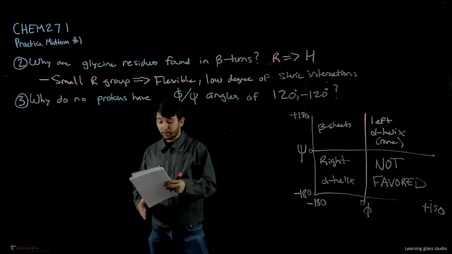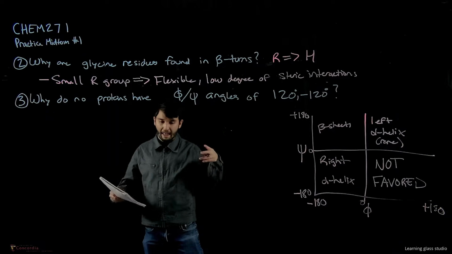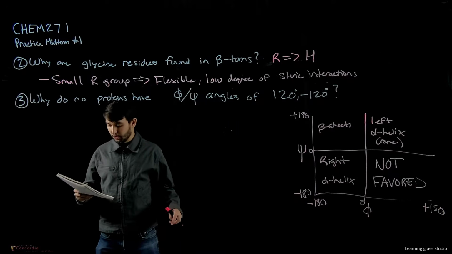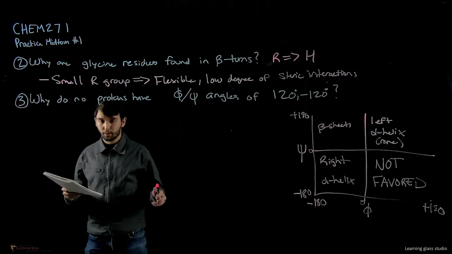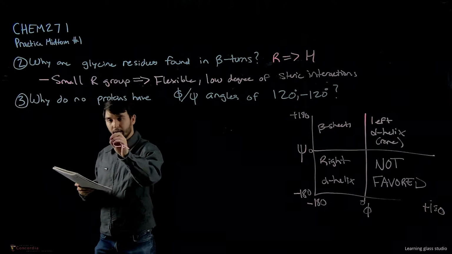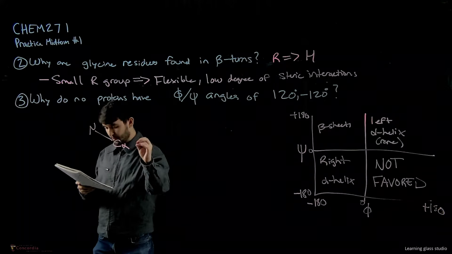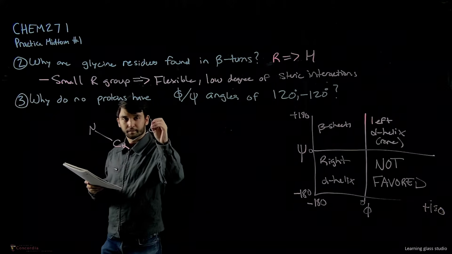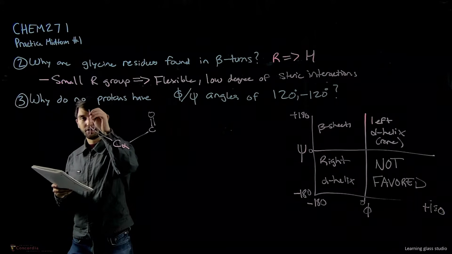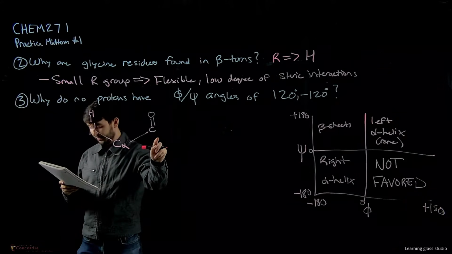To actually explain this, we have to look at the structure of a dipeptide here. So looking at two amide planes, what is an amide plane? An amide plane is when we have an alpha carbon and we have two amino acids. So this one is connected to a nitrogen with a hydrogen on this side and a carbonyl on this side.